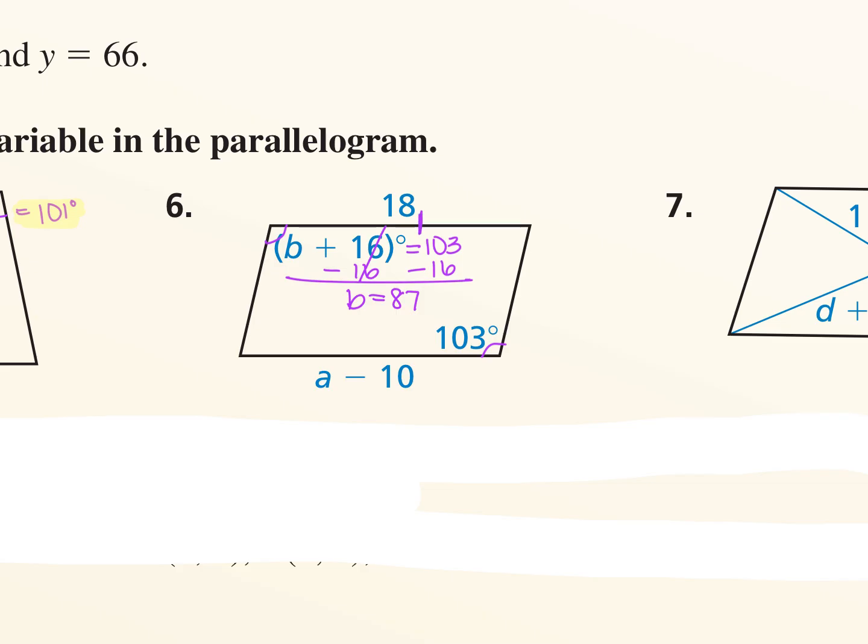Okay, opposite sides are congruent. So this is going to equal 18. So I'm going to add 10 to both sides. And A is going to equal 28. So those are my two answers for A and B.